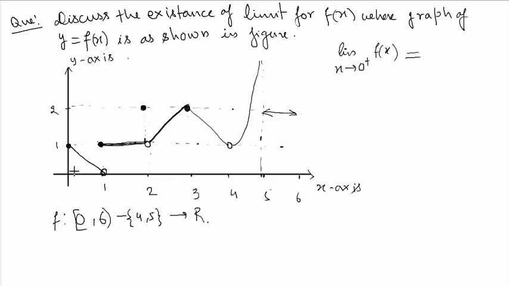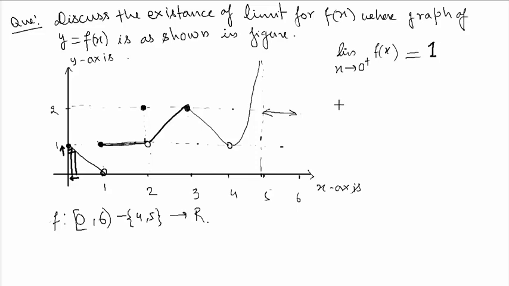You can see at this moment the function is having this value. As we move toward 0 from the right, this number moves toward 1. So the limit is 1. Limit of this is 1.